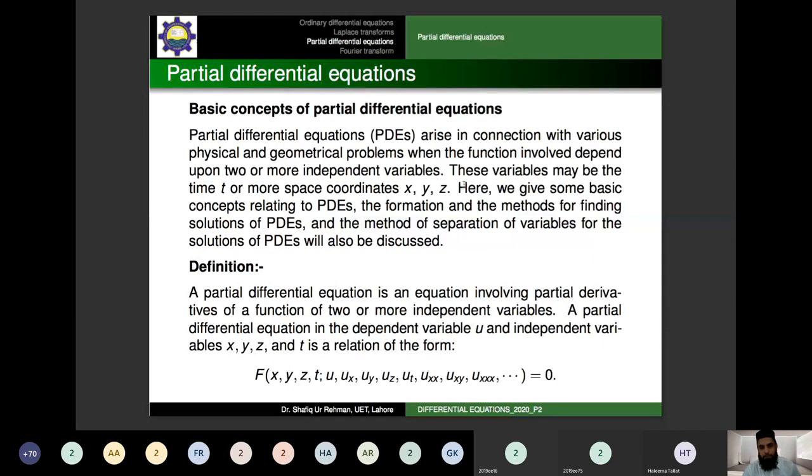Before we move on, we have to talk about the foundation. We need to talk about some basic elements of partial differential equations.